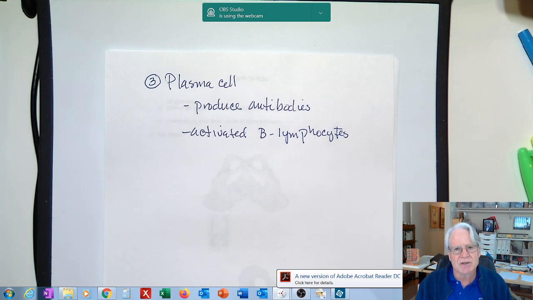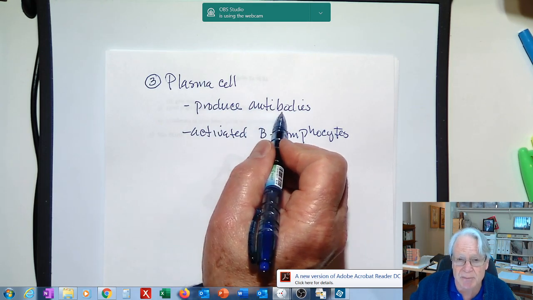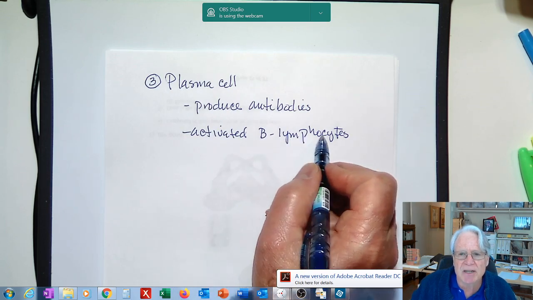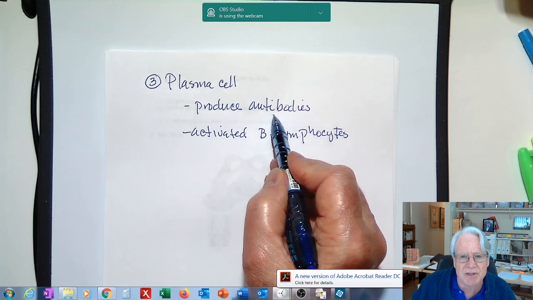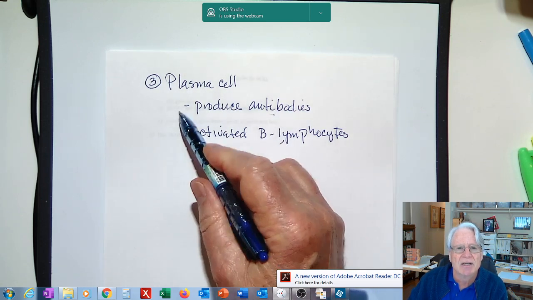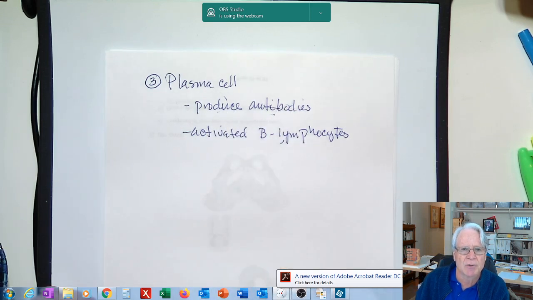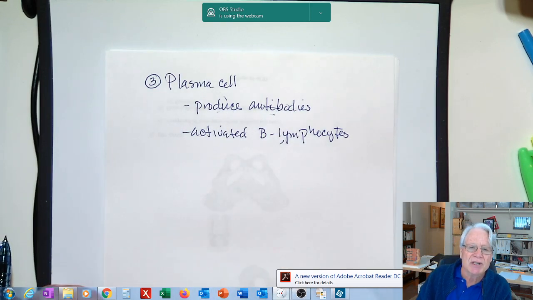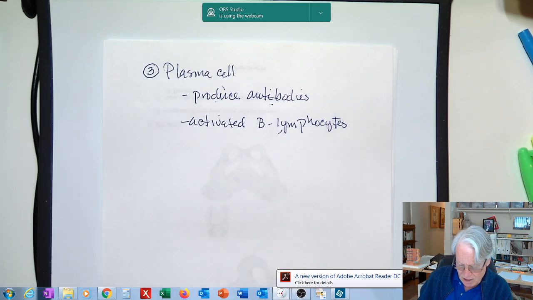We don't need to get into those details. So all we need to know is that a plasma cell is producing antibodies. It was a B lymphocyte. When it was activated, it becomes a plasma cell and it starts producing antibodies. So it goes from here to this, and then it produces the antibodies. Once activation has occurred, we change the name to a plasma cell and it produces the antibodies. So we find those in connective tissues as well.